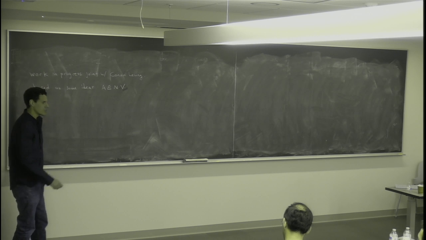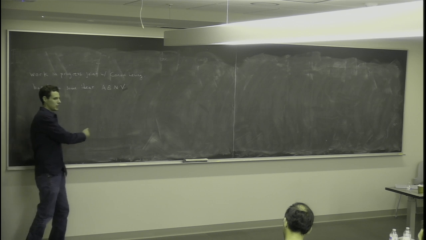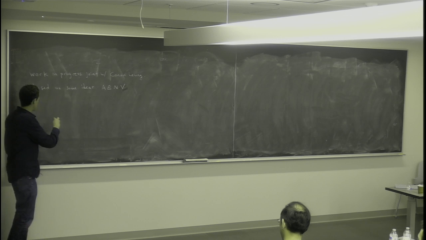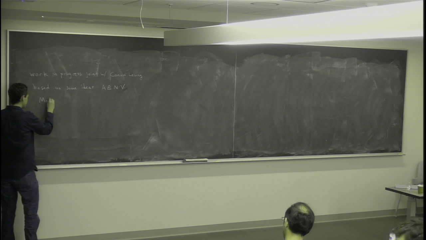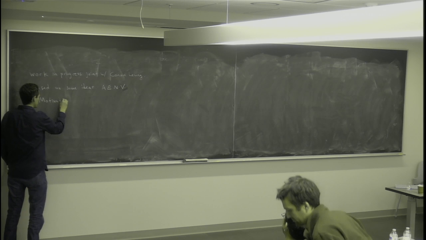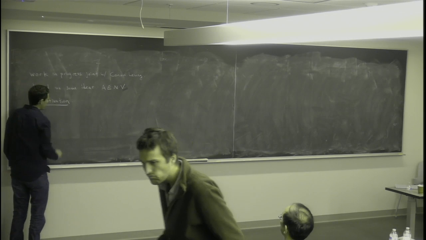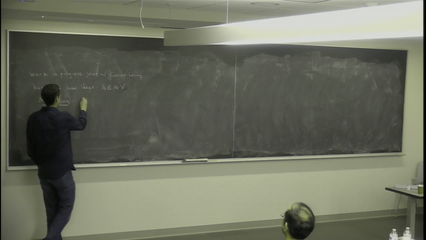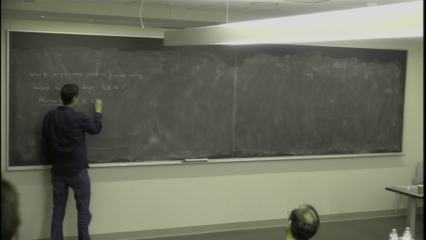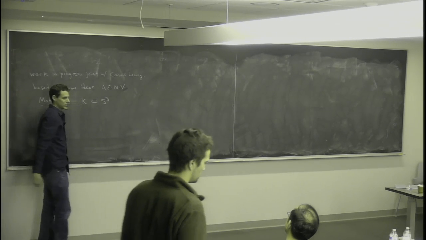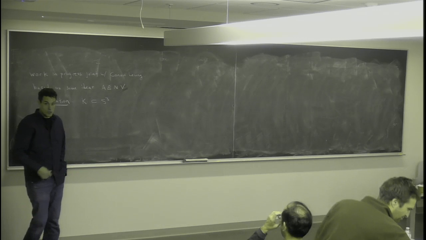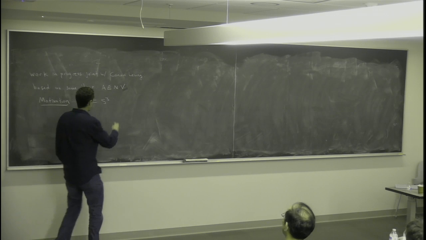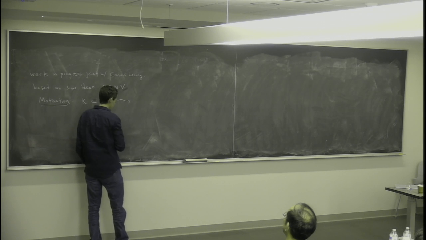So let me first start out by describing very briefly the idea that I want to talk about. This is some motivation. You start out with a knot, let's call it K, a knot in S3. Associated to this knot, you can cook up a differential graded algebra.